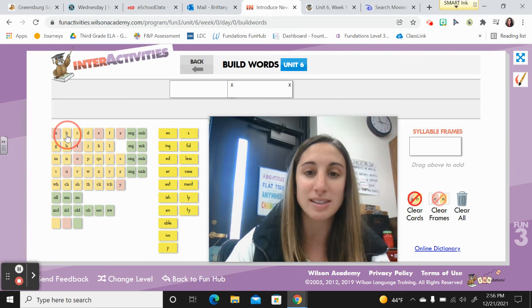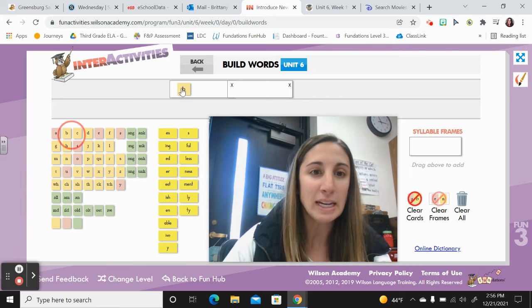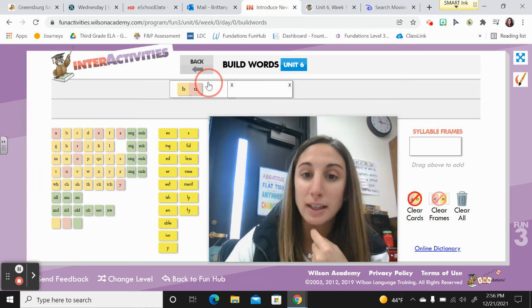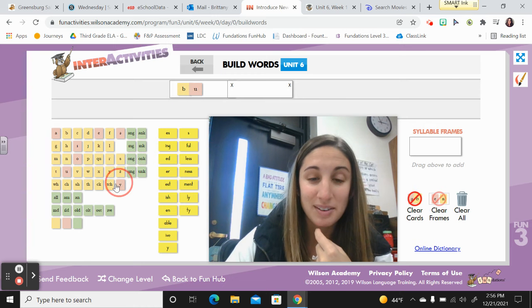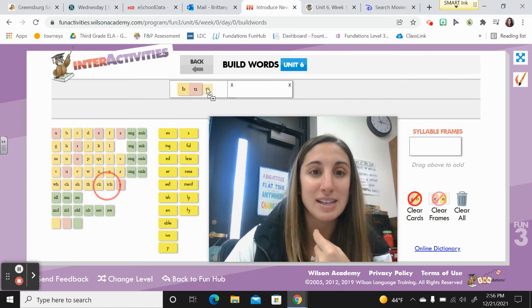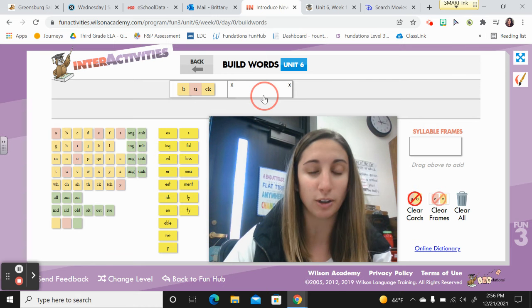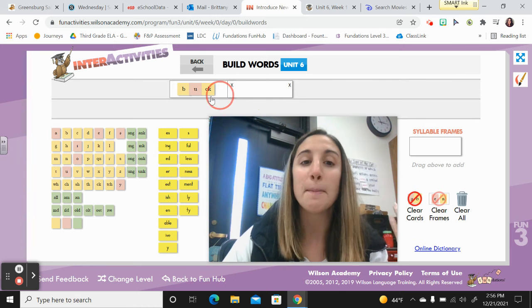How would I spell that? Say it with me. B, short vowel U. And now, since it's a short vowel, what am I going to use for my k sound? Right, the digraph, CK. Now, hopefully you remember from Unit 5 that this particular word has a schwa, bucket.